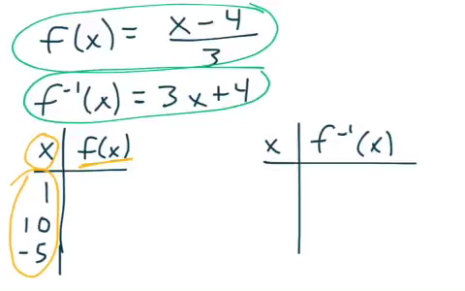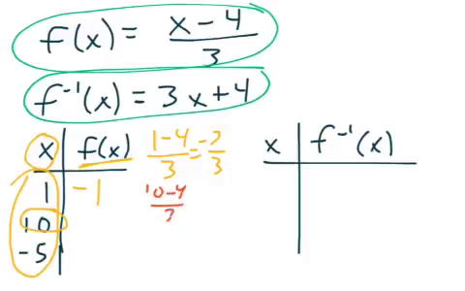So when I plug in 1, for example, I get 1 minus 4, and I'm going to divide by 3. And don't I get negative 3 divided by 3, which is negative 1, right? Okay, that's cool. Let's try the next number, 10. We plug in 10, don't we get 10 minus 4 divided by 3?